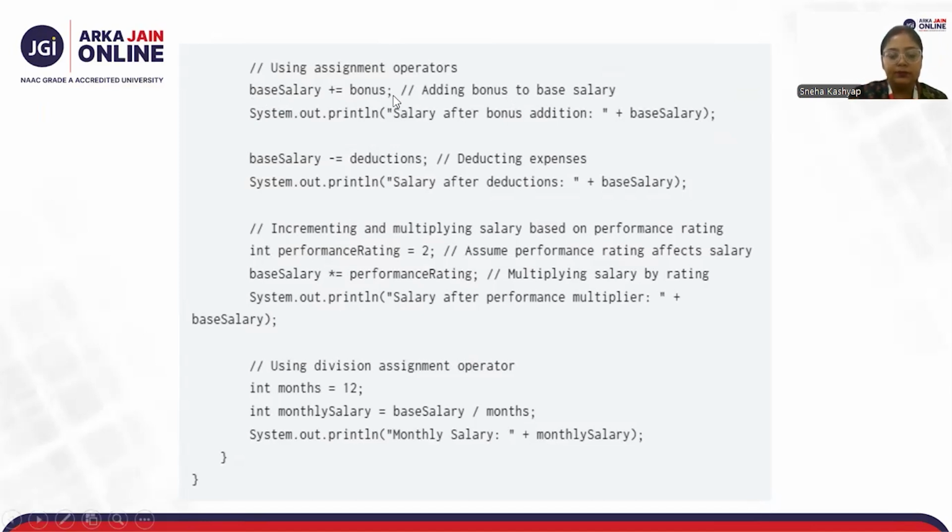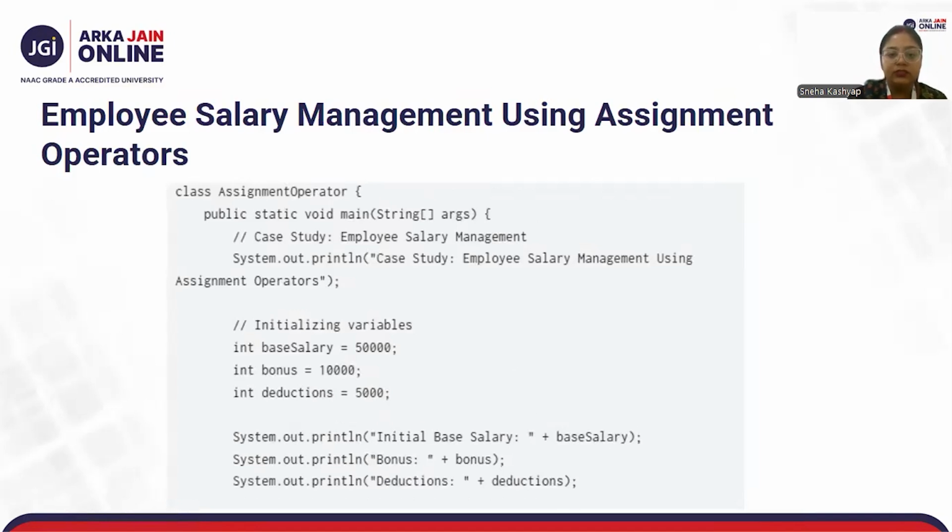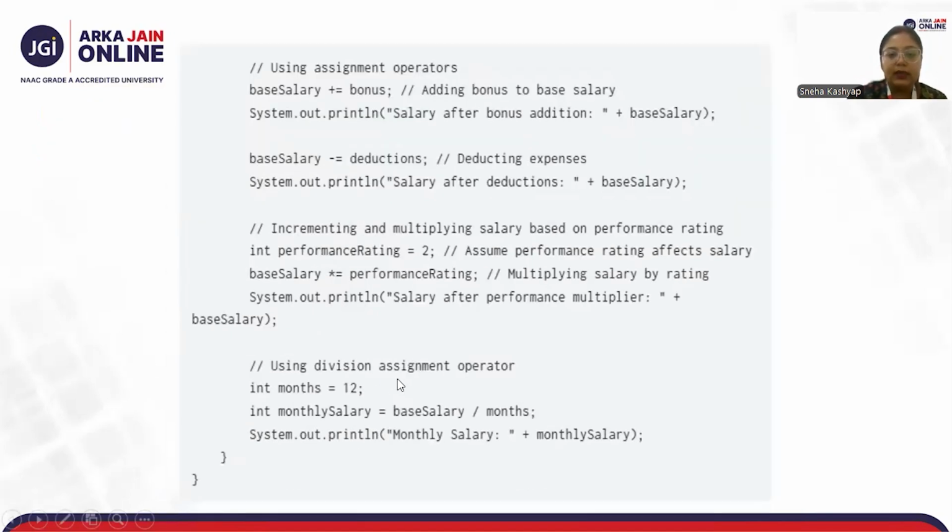Upon using the assignment operator, since my base salary was 50,000, it will add 10,000 to it. So my current base salary will become 60,000, right? So in this it will be stored. The earlier value was 50,000, so the current value got updated to 60,000.